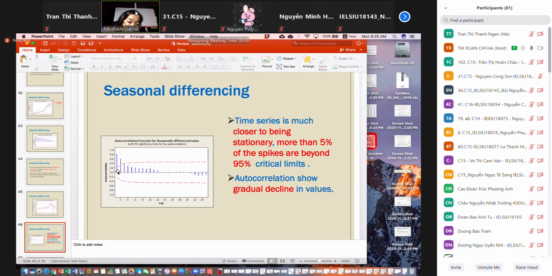So just a little bit more than 5% outside of the limit. And the autocorrelation shows a gradual decline. So here that is close to stationary. It's not stationary, just close.